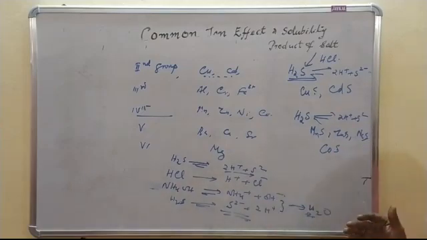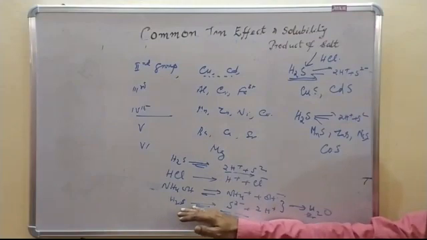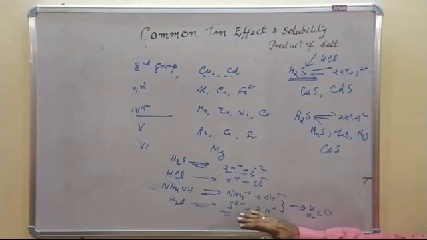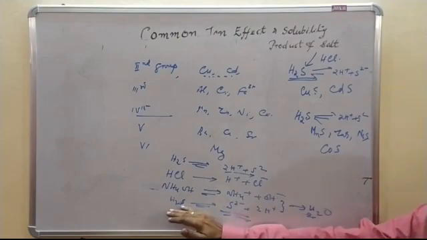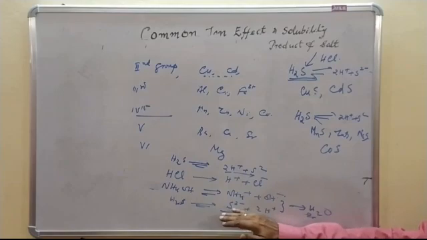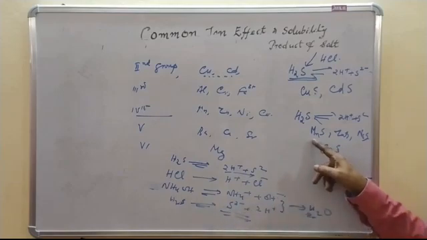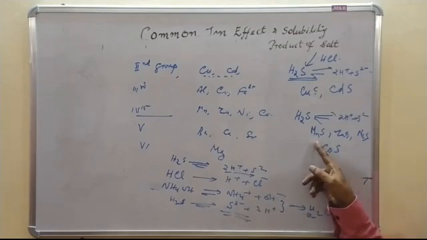For the fourth group metal cations we use ammonium hydroxide, so that we furnish more sulfide ion. We have to increase the dissociation of H2S to get more sulfide ion, so that the product of the ionic concentrations of manganese and sulfide ion exceeds their solubility product, which is usually a very high value.